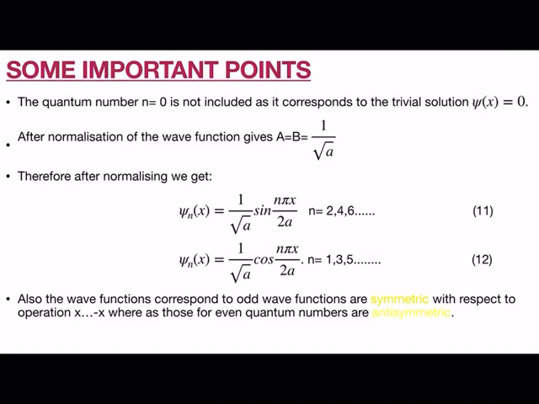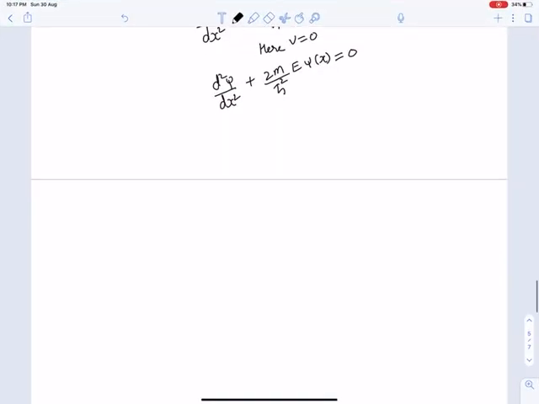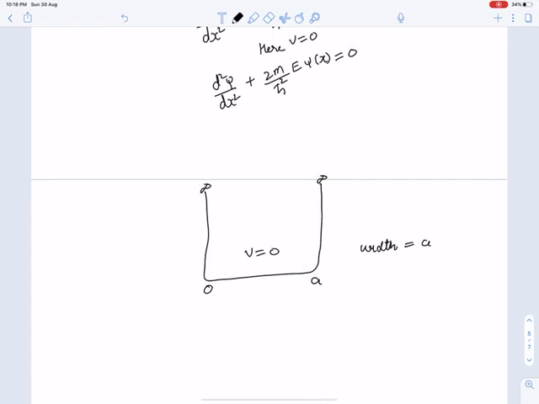I also tell you something, you can do it directly also. If this is 0 to a, so this is asymmetric, the width is equal to a and V equals 0 here.